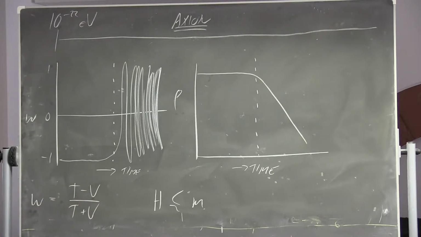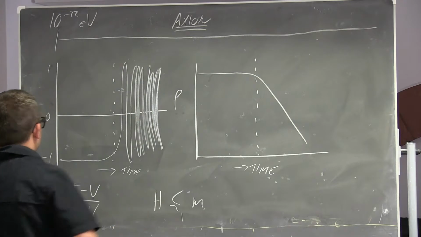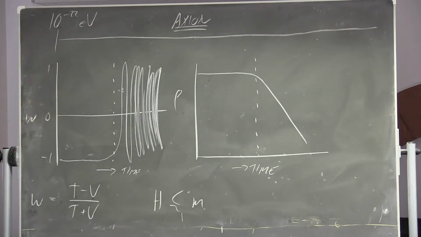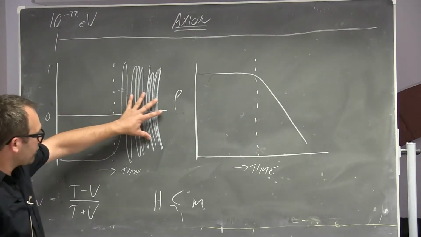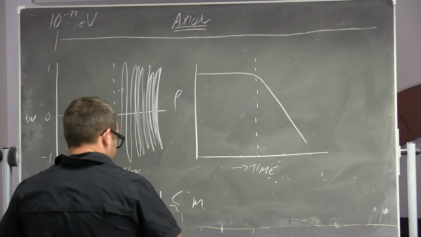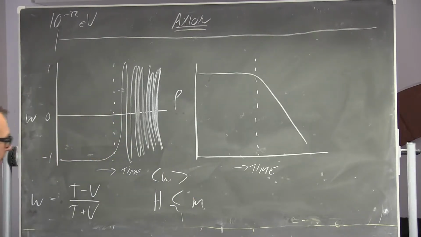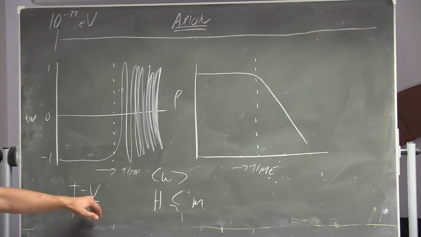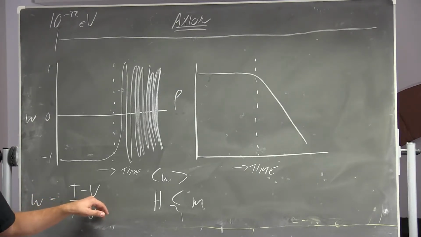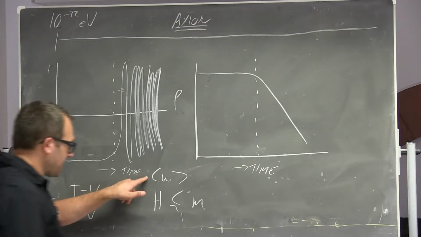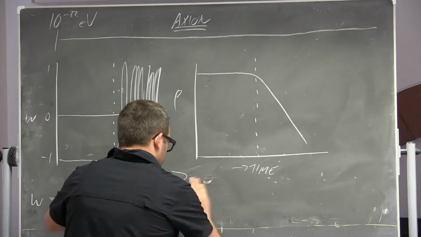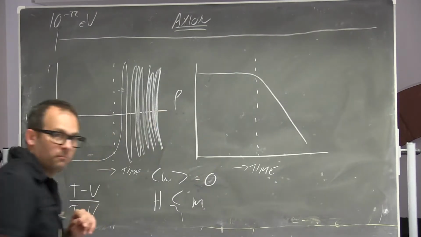And when you do that, you get this wonderful behavior of what the equation of state parameter looks like. If you average this, when the potential is specifically m squared phi squared, then this average is 0.